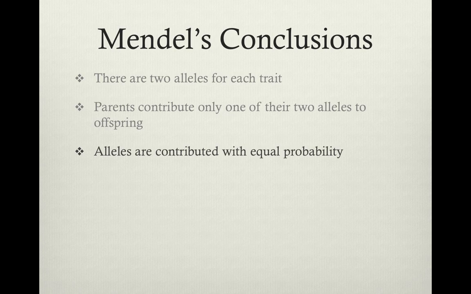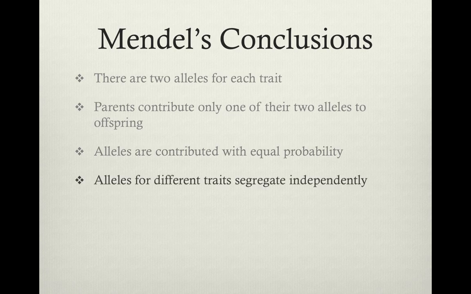That is, parents aren't able to do anything to ensure that they're passing a certain allele on to their offspring. We have independent assortment. The alleles for different traits segregate independently. So there's no linkage such that every yellow seed is also wrinkled. The yellow versus green alleles are independent of the wrinkled versus round alleles.